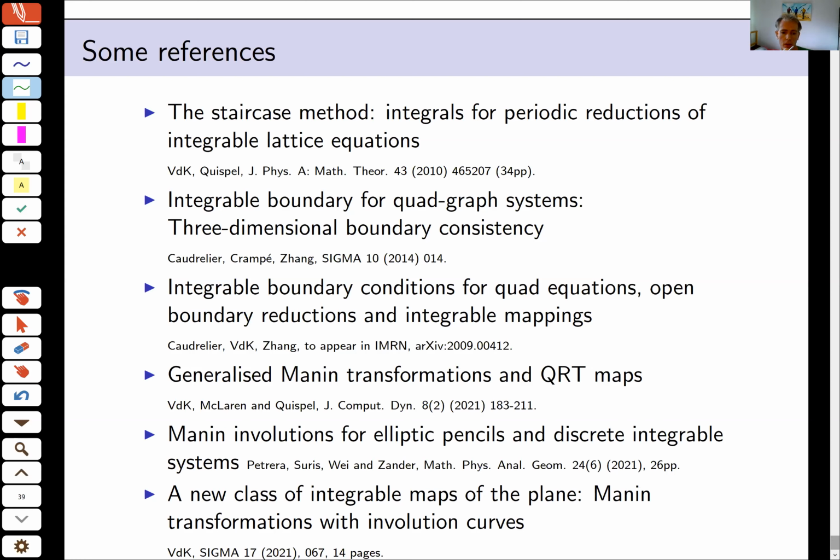It's clear that in certain cases we can construct symplectic or Poisson structures for certain reductions of certain lattice equations. It can be done, and it has been done. But in general, it's not clear. You're absolutely right.